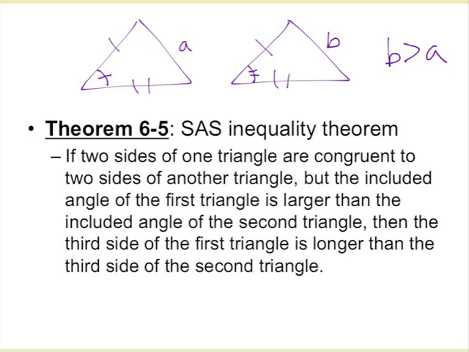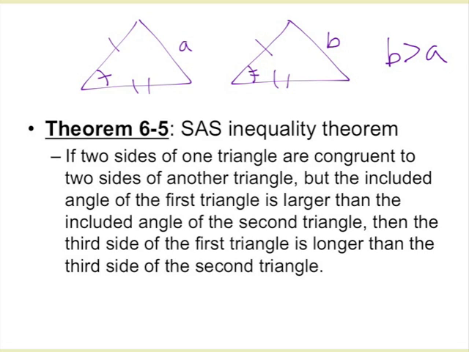Okay, so it says if two sides match, but the angle between them does not match, so one of the angles is bigger than the other one, and I use the two marks to denote bigger than a single mark, then the sides across from those angles will not be the same. And the bigger angle will make the bigger side.